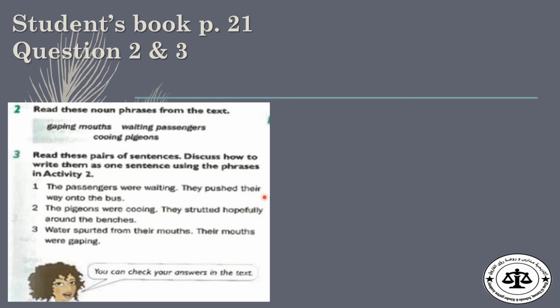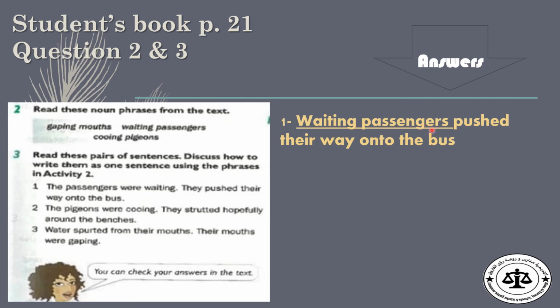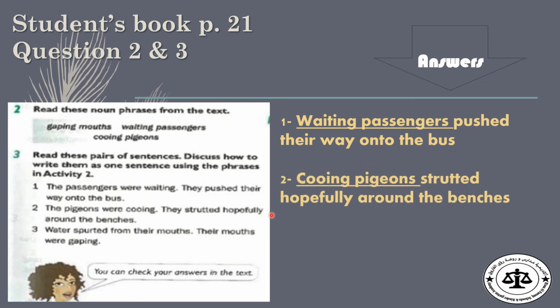So the sentence is: waiting passengers pushed their way onto the bus. Number 2. The pigeons were cooing. They strutted hopefully around the benches. Let's delete the helping verb and put the adjective before the noun, then delete the second subject. So the sentence is: cooing pigeons strutted hopefully around the benches.